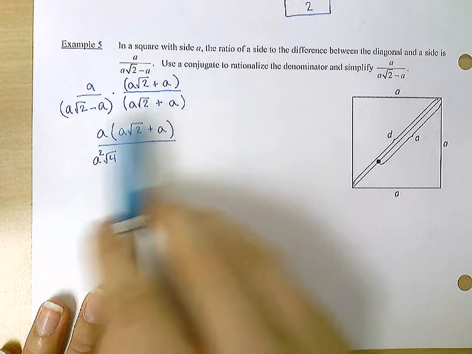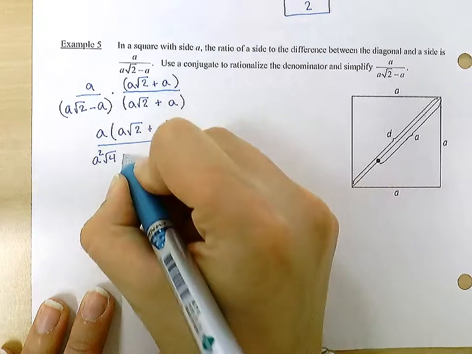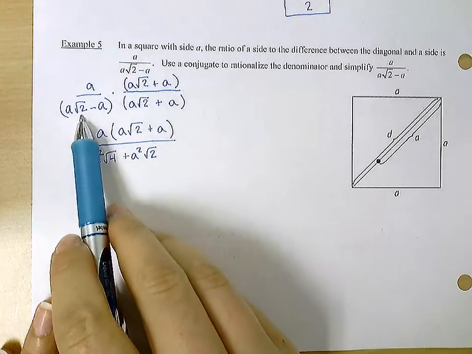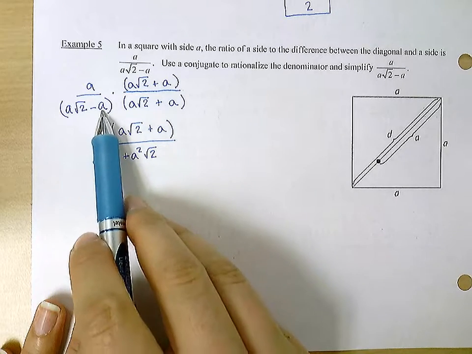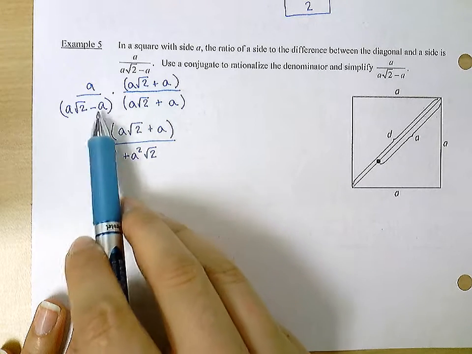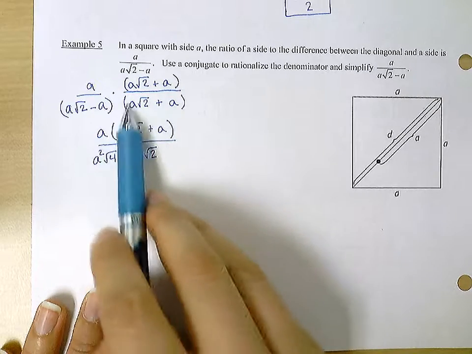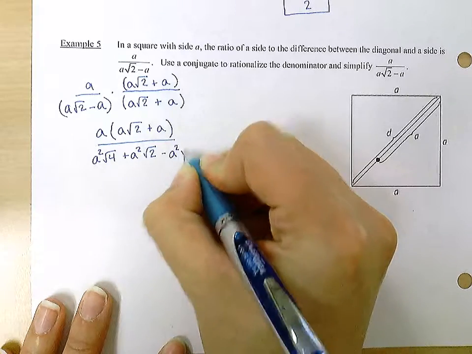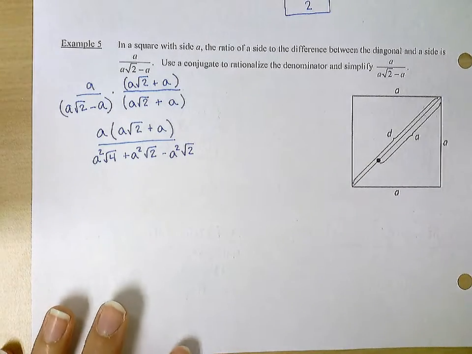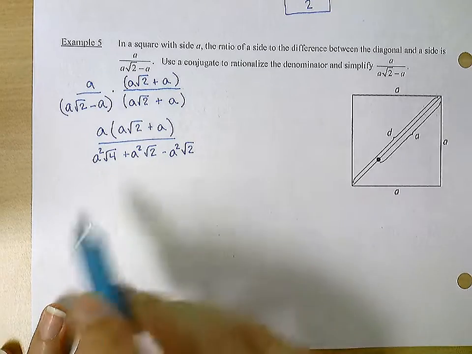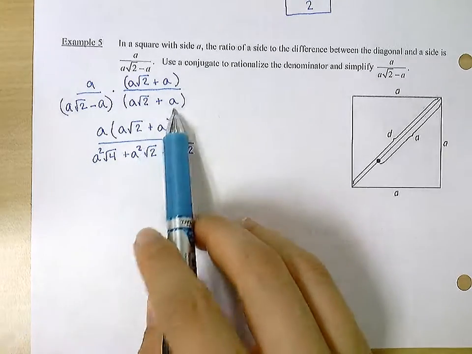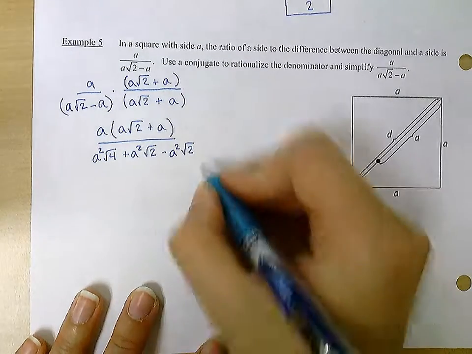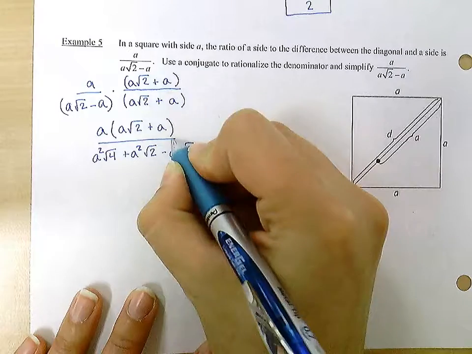Your outer terms, we have a times a, so that's a squared, and then we still have it times that square root of 2. That doesn't just go away. Then we are multiplying our inner terms, so negative a times the square root of 2. So that'll be minus a squared, square root of 2. And then multiplying your last terms, negative a times a will be minus a squared.